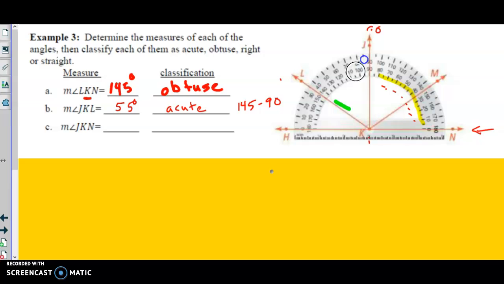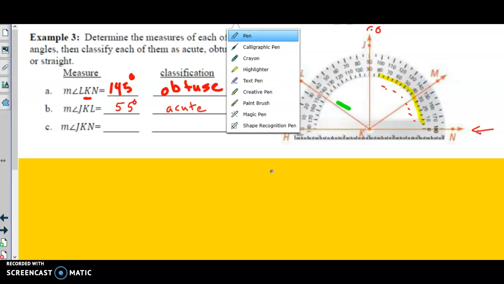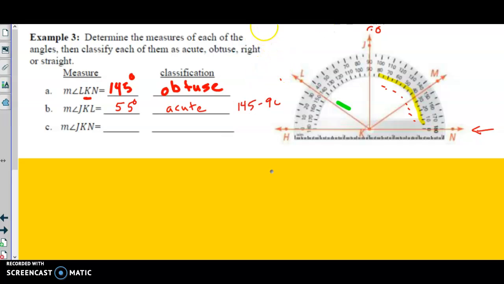Now the last one, angle JKN. So again, vertex is K. Use a different color this time. And we've got ray KJ. There's one side of my angle. And ray KN is the other side of the angle.